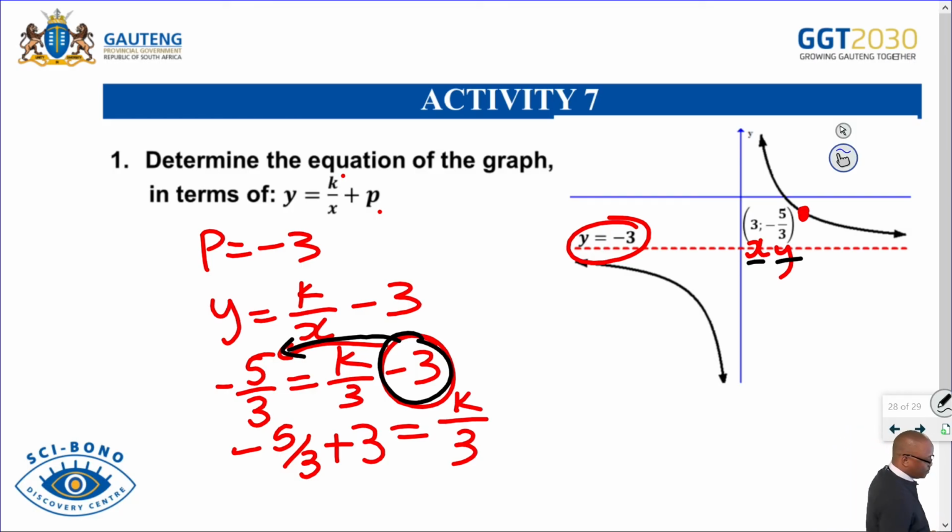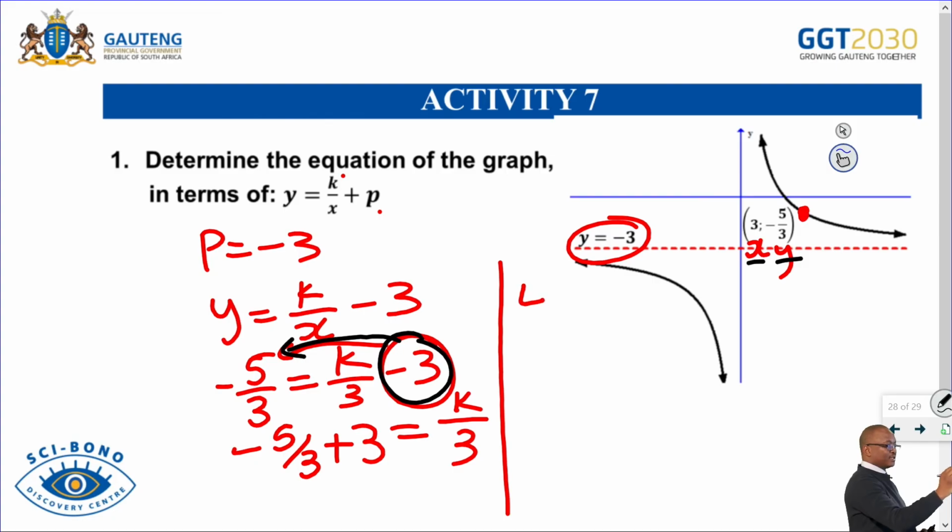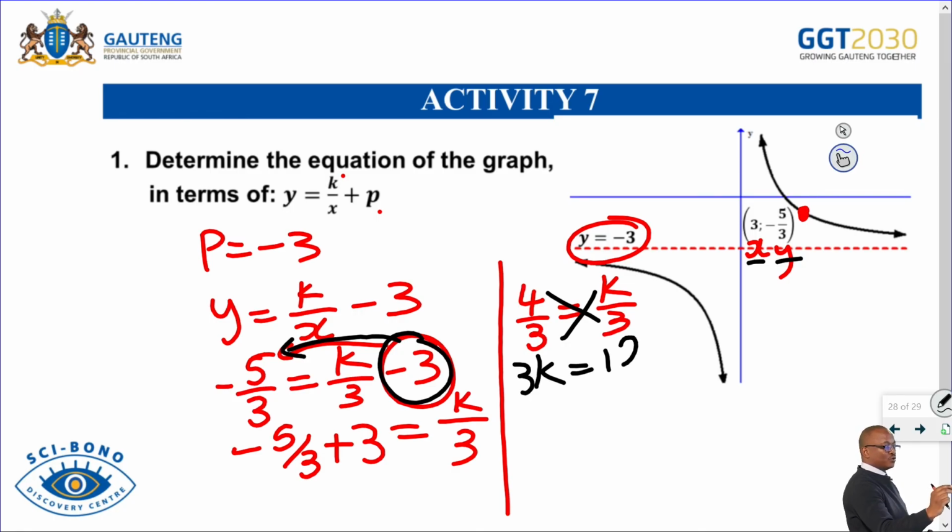So now you will just have to go to your calculator and say -5 over 3 plus 3. Then you will get 4 over 3. You will get 4 over 3 is equal to k over 3. So now, when you cross multiply, you're going to have 3k is equal to 12.